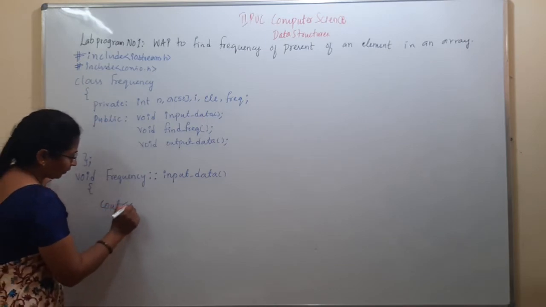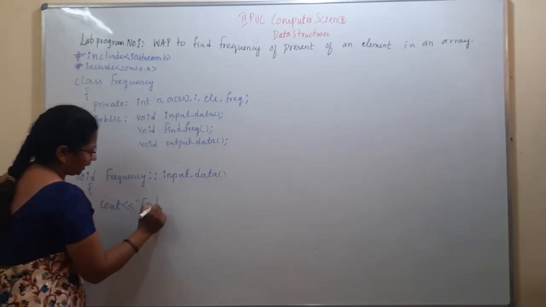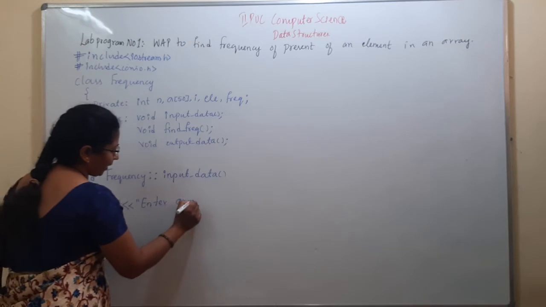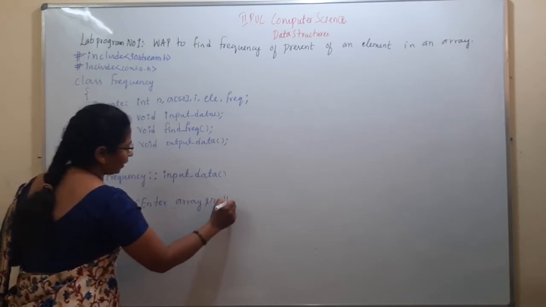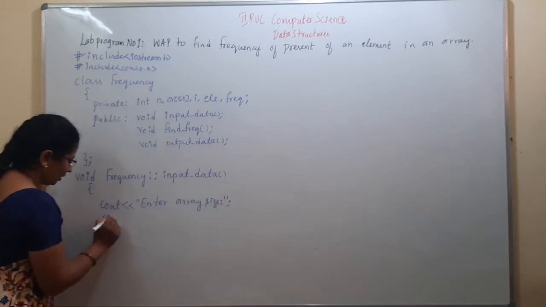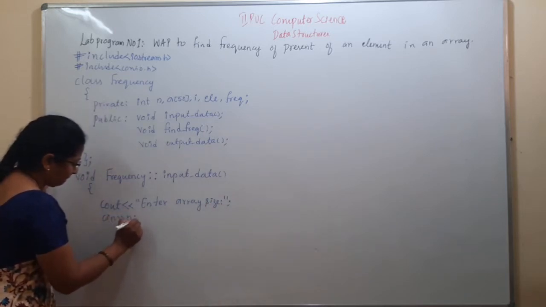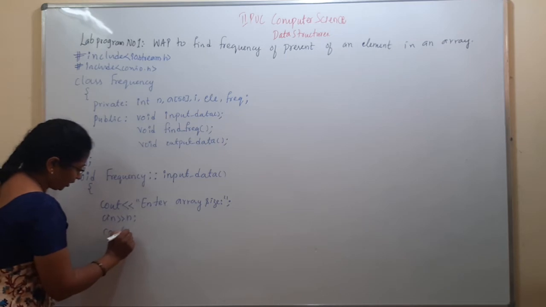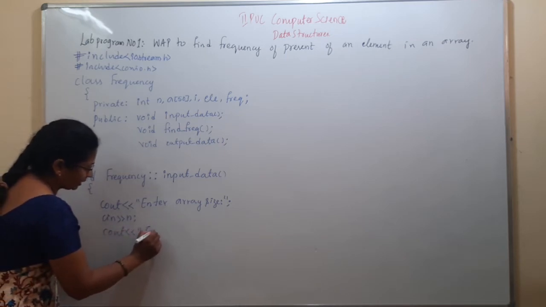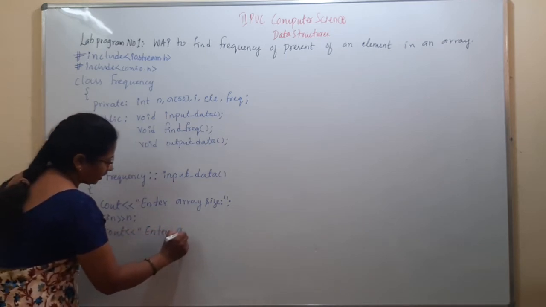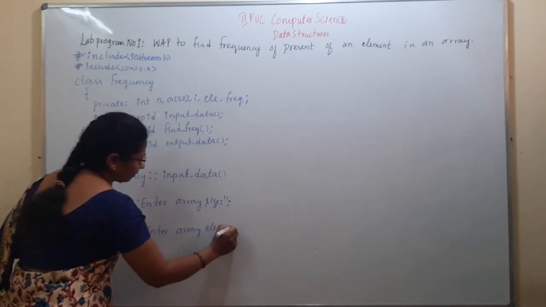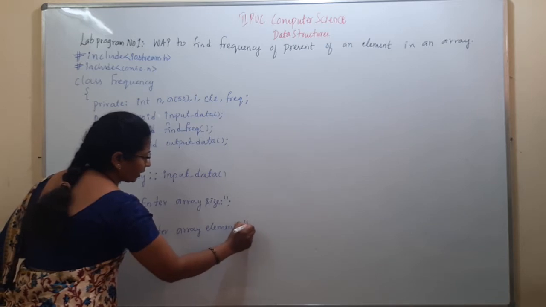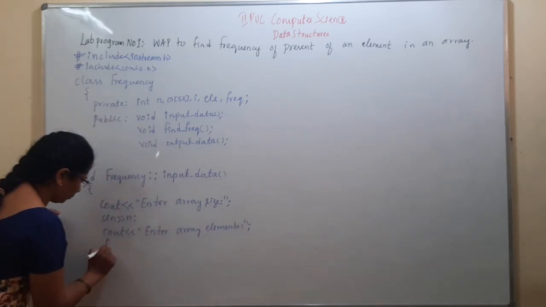Cout, enter array size. You need to accept the value for n, then cout enter array elements. Here we need to accept the array elements with one for loop because it is a one dimensional array.